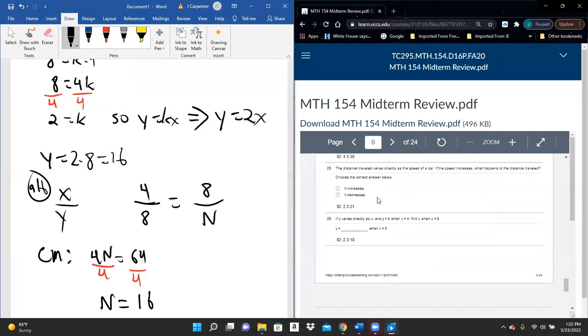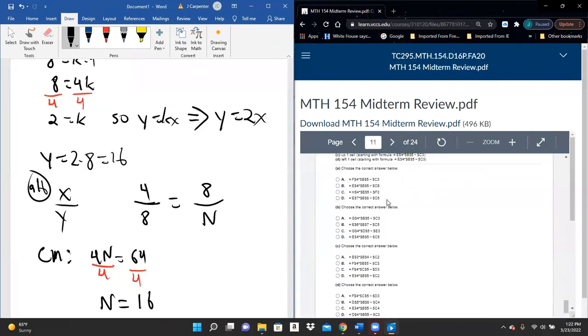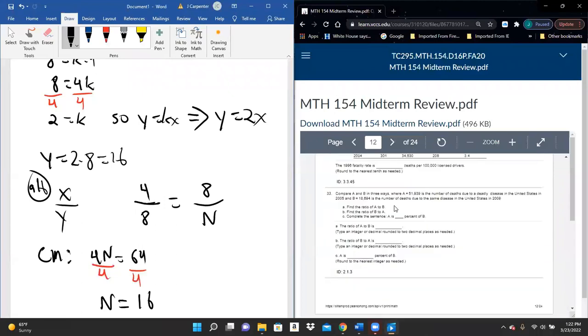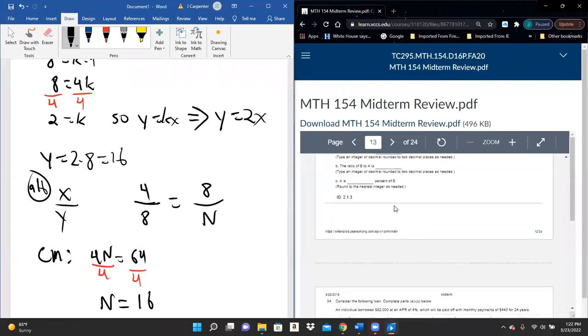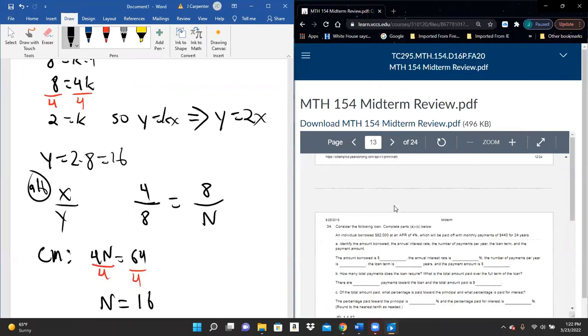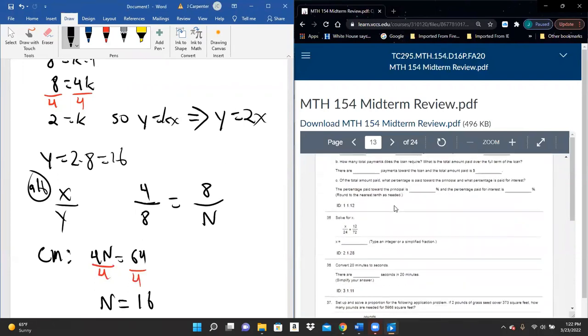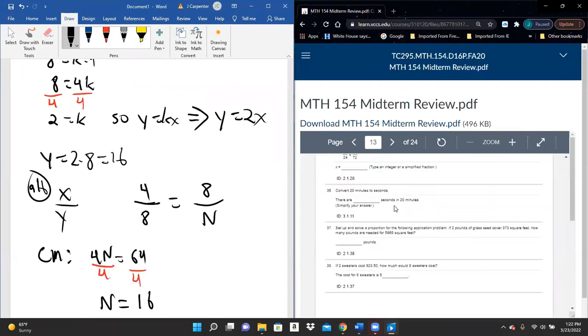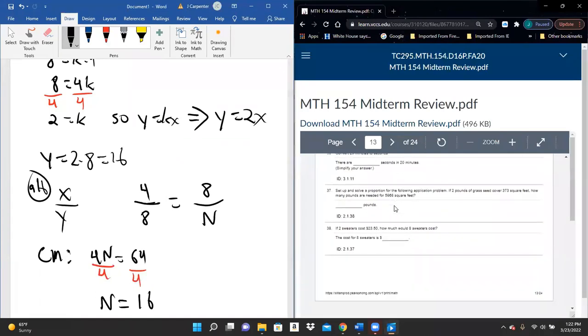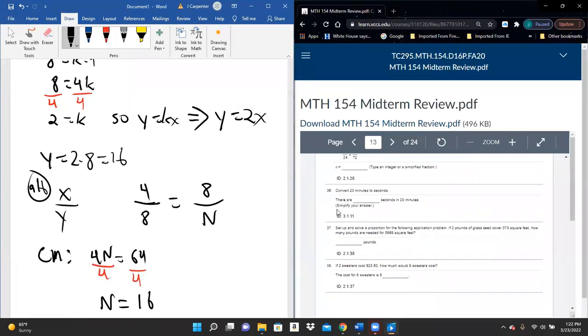All right, one more good problem. A lot of proportions. 36, that's a good one, but I'm not going to do it, converting minutes to seconds. We've already shown going from seconds to hours, so hopefully that would be a pretty easy one.